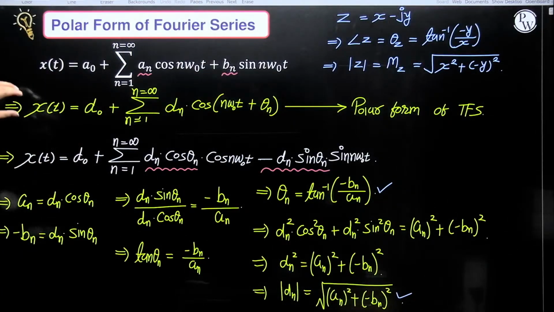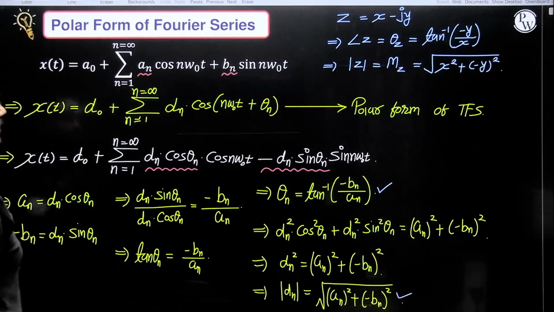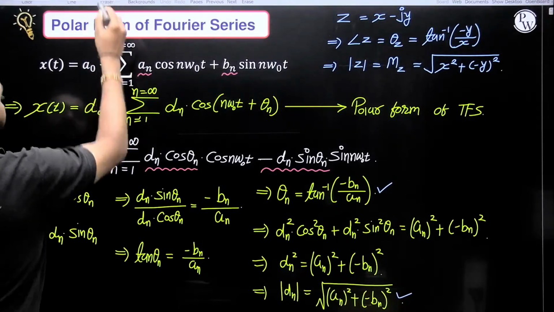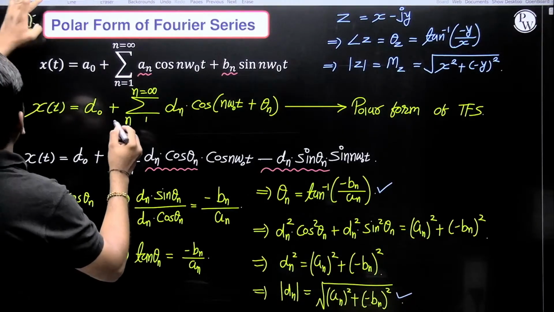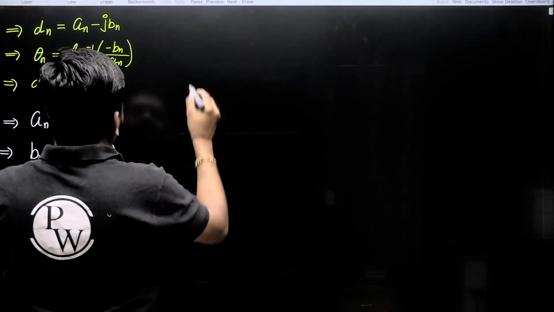So this is the more compact way to write the Fourier series. You can see here, this version is more compact compared to this one. And here this is one-sided, guys. One-sided. Now here, what is the magnitude, guys?